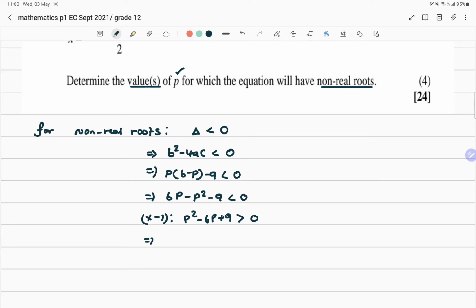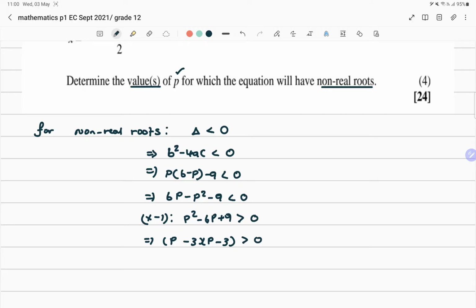Okay, so this implies, now let's sort it out. This we can attempt to factorize, which is grade 10 stuff. So this is p, this is p. Now factors of 9 is just going to be minus 3, minus 3. Now the question is, how then do you go about solving this issue?